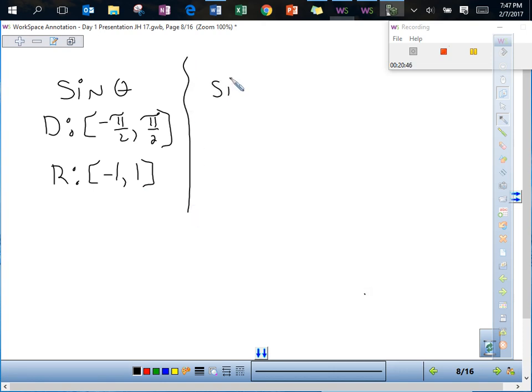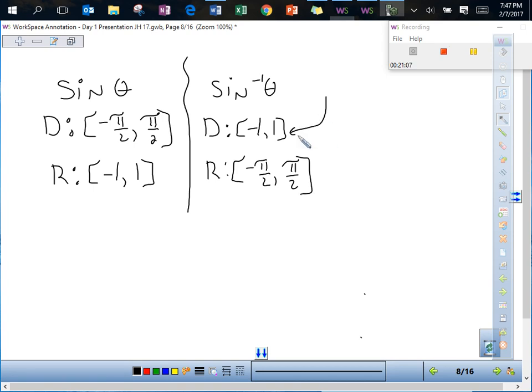When I think about the inverse sine graph, my domain is going to be negative 1 to 1. My range will be negative pi halves to pi halves. Once again, the calculator says type in whatever you want as long as we're between negative 1 and 1. I'm going to give you numbers between negative 90 and 90. So that's how that part works.